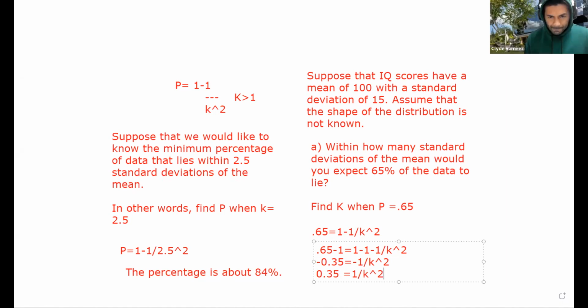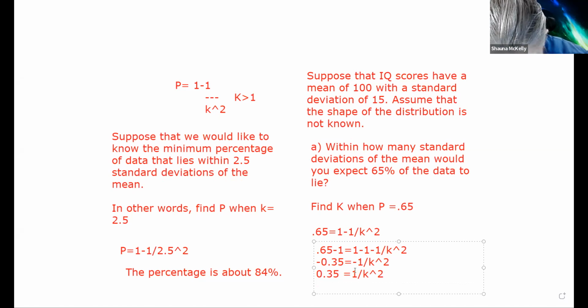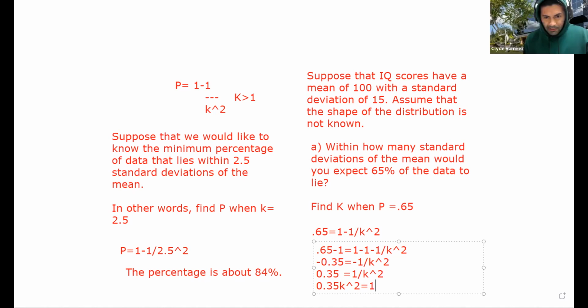Now, solving for K, it depends on how you feel comfortable doing it. This 1 over K squared is a fraction, so I'm going to multiply both sides by K squared to get rid of the fraction. So I have 0.35 K squared is equal to 1. Are you okay here? I'm okay.